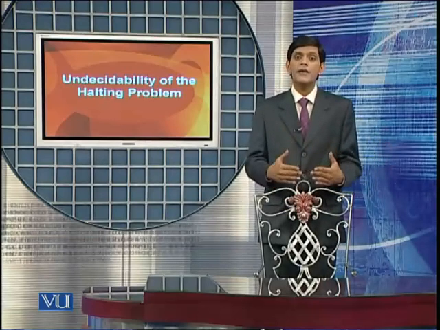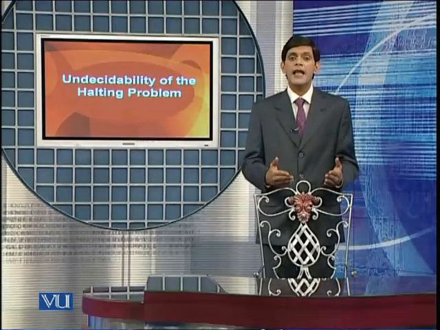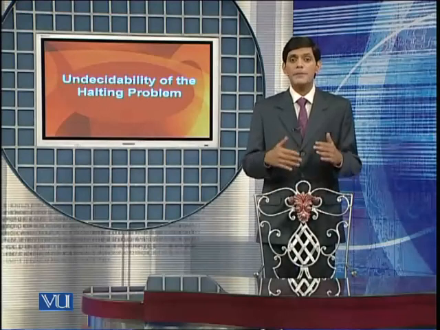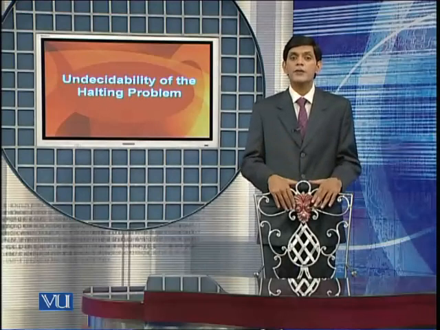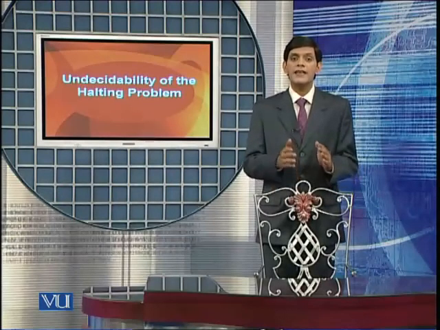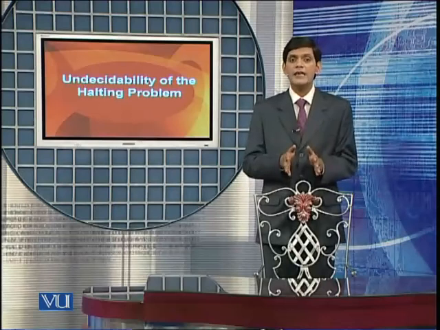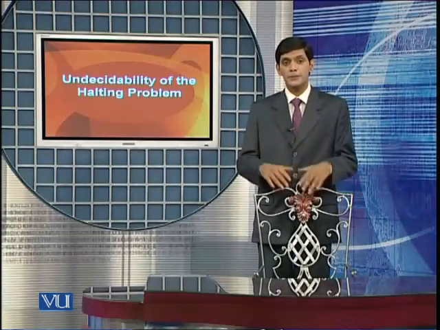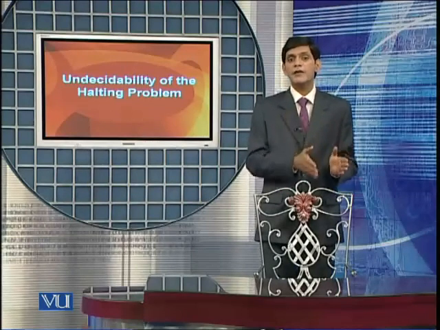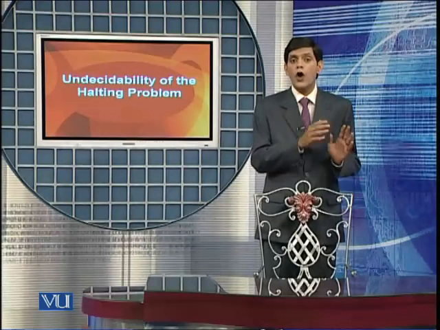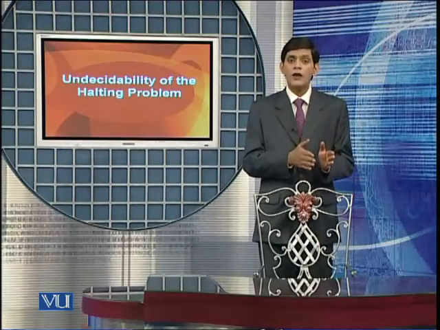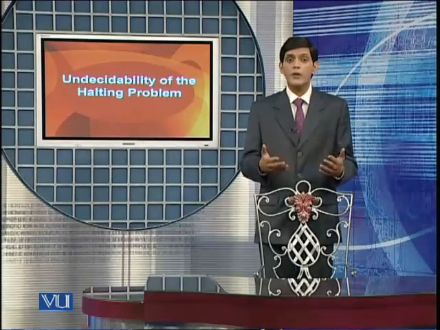Notice that we have already proved that the halting problem is Turing recognizable. What does that mean? Well, that means that there is a universal Turing machine U which takes M, W and accepts M, W exactly when M accepts W. This universal Turing machine does nothing but simulate the behavior of the Turing machine M on the input W. When it does that, if M halts on W and accepts, U accepts.